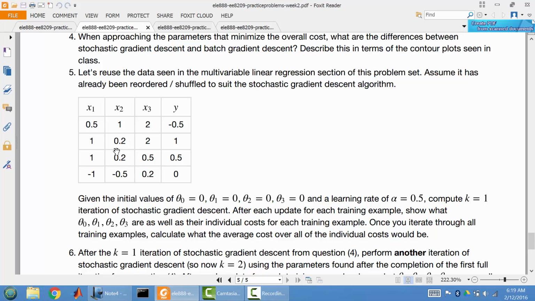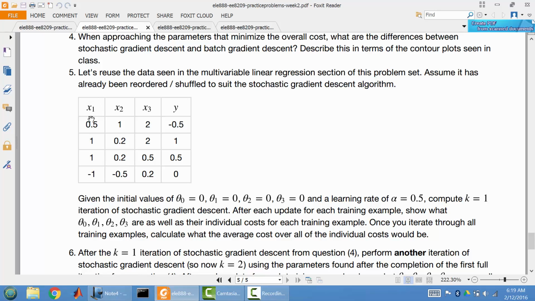Okay? I'd like to make a little hint that I will not ask any stochastic gradient descent questions, because they just take a very long time to compute, because you have to perform 4 updates for each example that you have. So in this case, we have 4 parameters because you're including the bias. So every example is going to give you 4 updates.